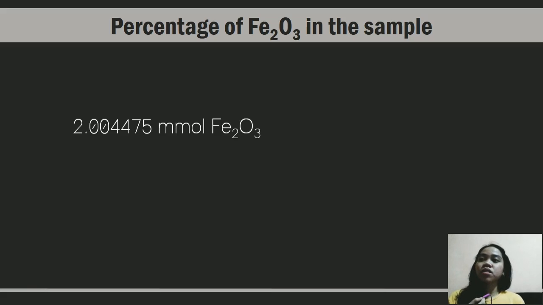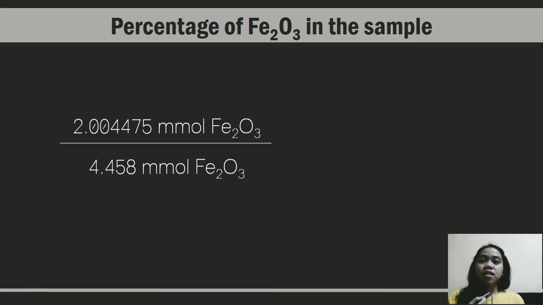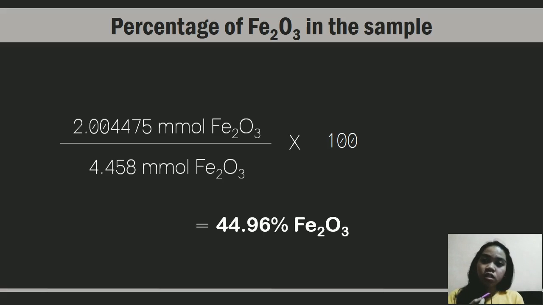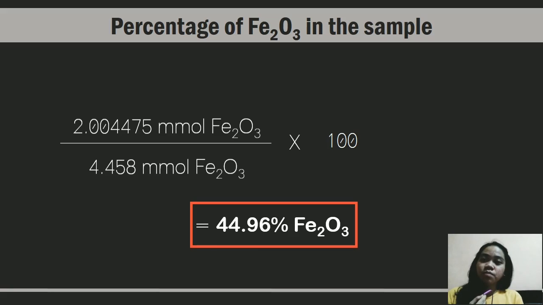So at the bottom part, this is the millimole of Fe2O3 that was in this sample. So we need to multiply that by 100, and now we will get its percentage, which is 44.96% of ferric oxide in this sample. And now we're done with question number 1.